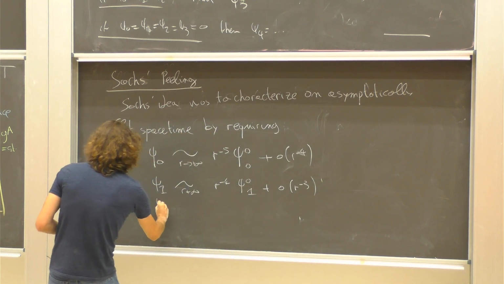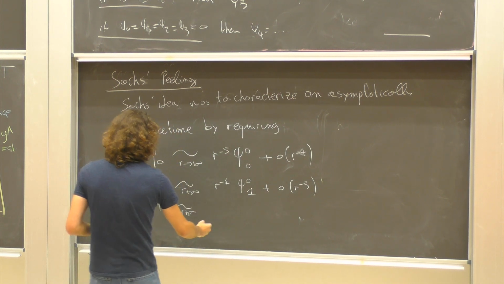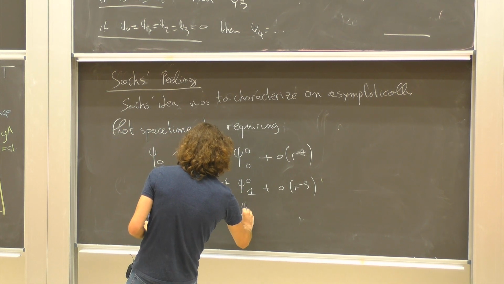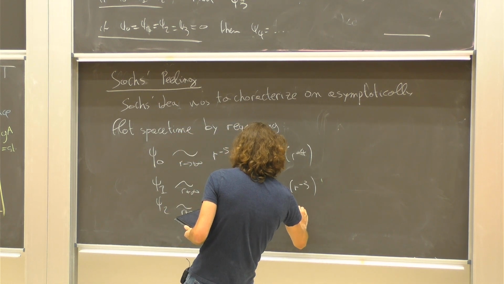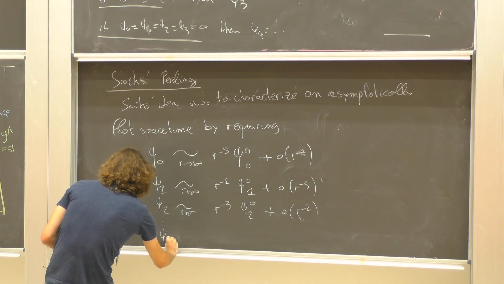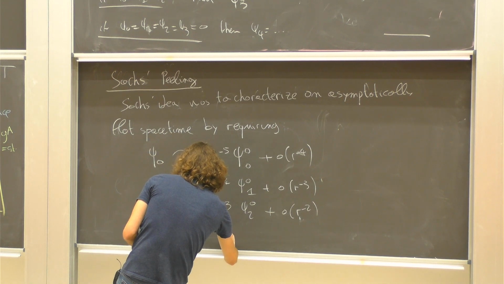And then you keep going. At each order, the component becomes an invariant in a row, and you ask for a slower fall-off, r to the minus 2, until psi 4, which is the last one, the one falling off the most slowly.